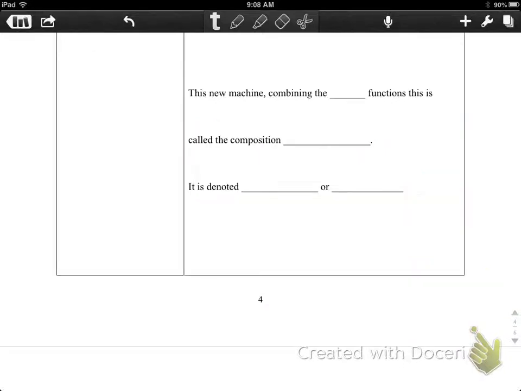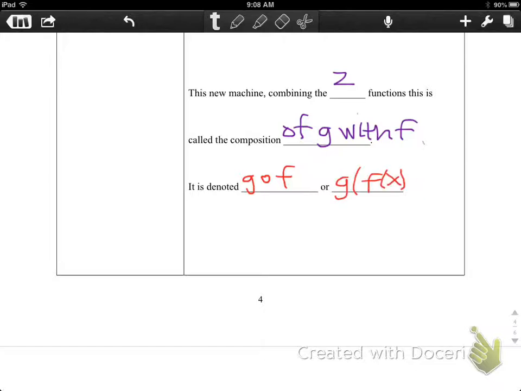We're composing them together. So this machine combining the two functions is called the composition of g with f. It's denoted two different ways. You can denote it as g circle f, where the circle means composite, or g of f of x.